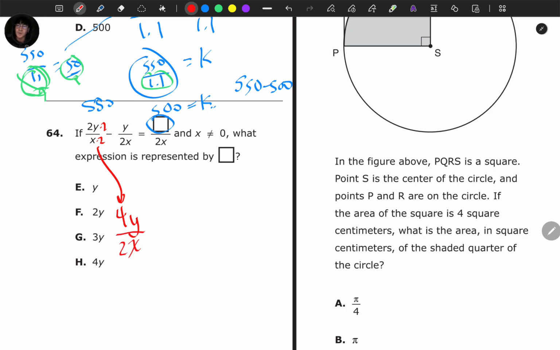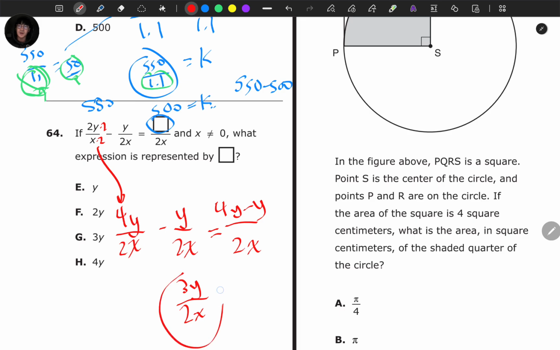So now we can do 4y minus 2 over 2x minus y over 2x. And then you can subtract fractions with the same denominator by keeping the denominator the same and just subtracting the numerators. 4y minus y is 3y. So 3y over 2x. And if you compare this with the answer choice, at the right side, we're missing 3y. So it's got to be 3y.